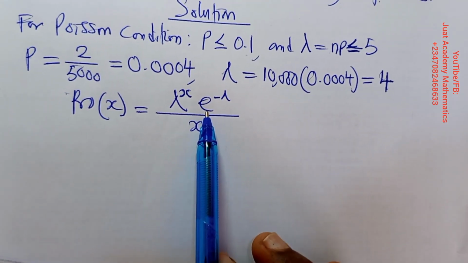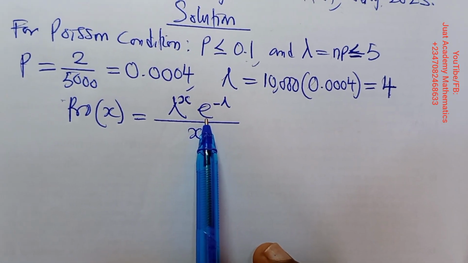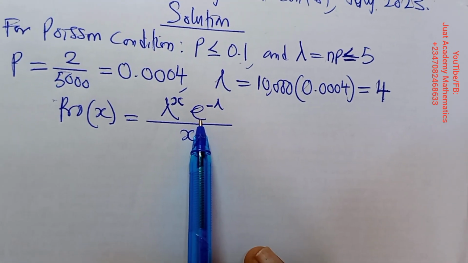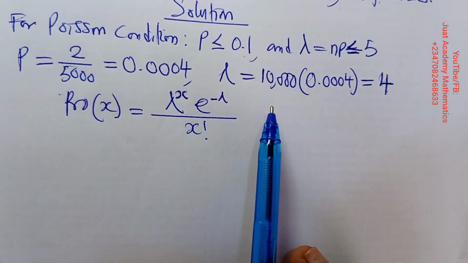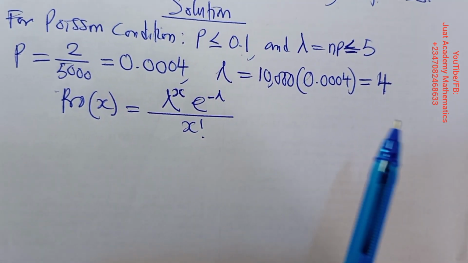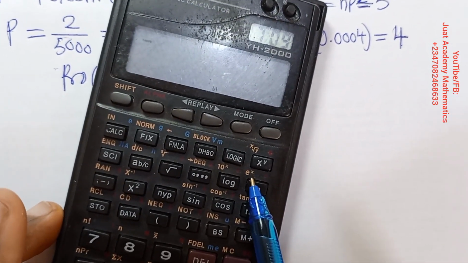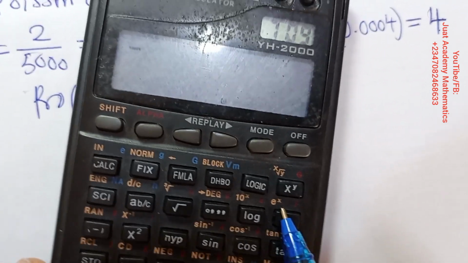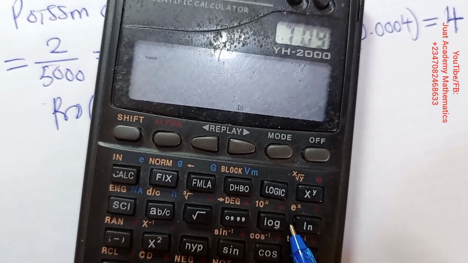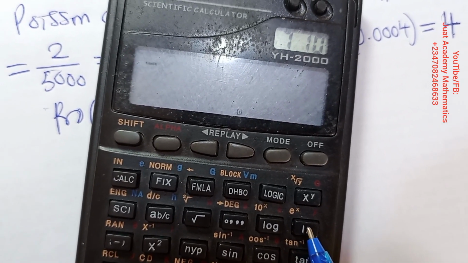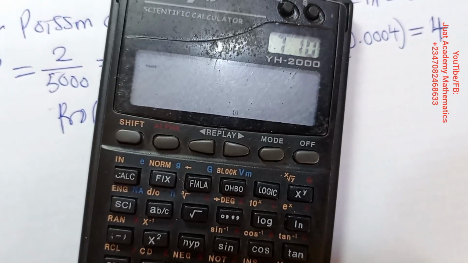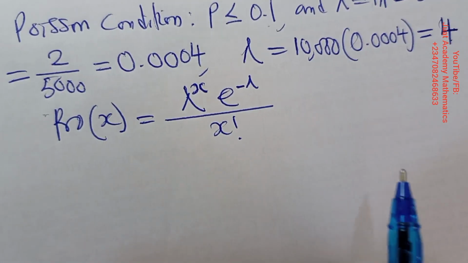It stands for 2.71828... But you can see it in the calculator. You can use it straight from the calculator in the second function, e raised to the power of x. So I don't need to be typing 2.7182 and so on. No, we'll just use it directly.